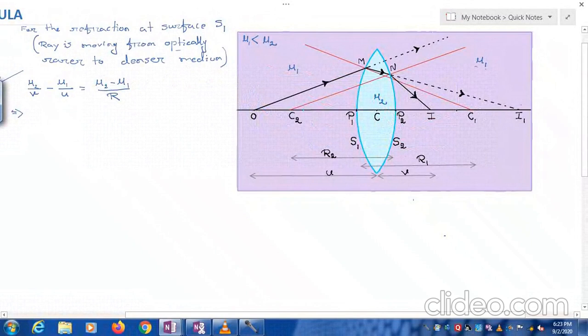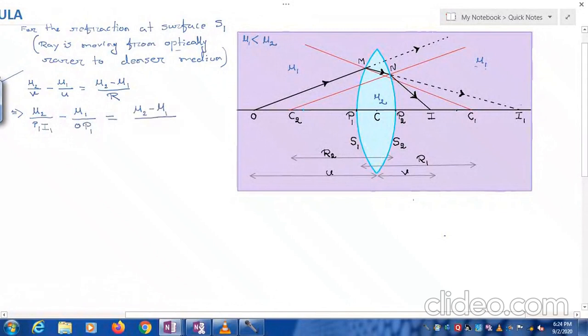Now let us put all these values here. So mu2 divided by, here V is P1I1, minus mu1 divided by object distance OP1, that is equal to mu2 minus mu1.